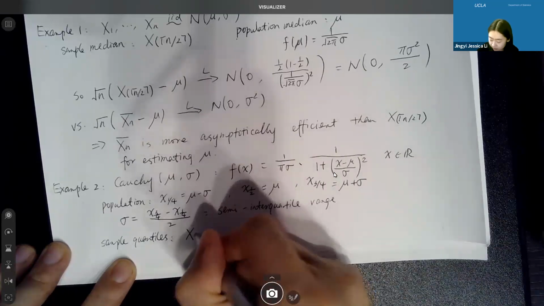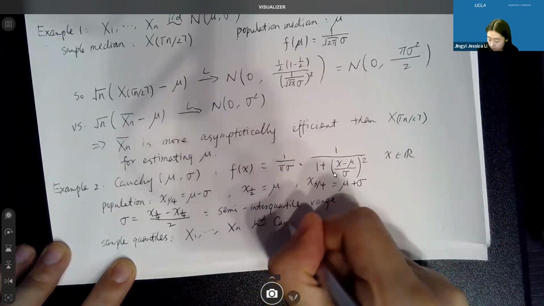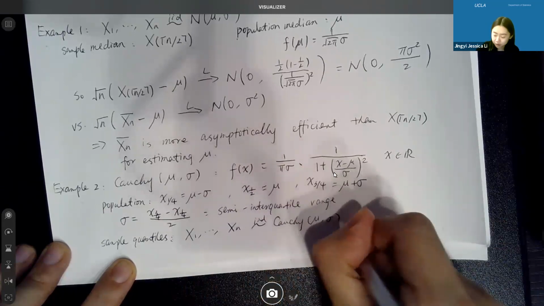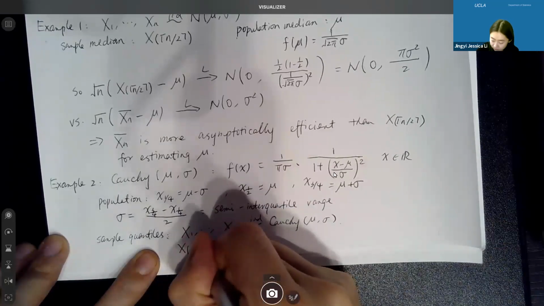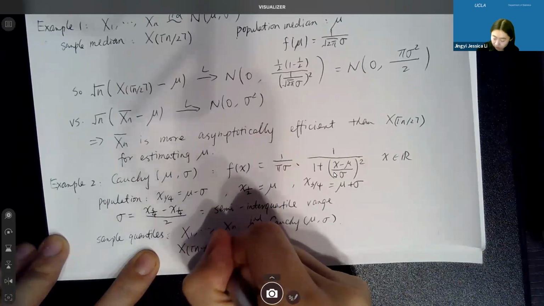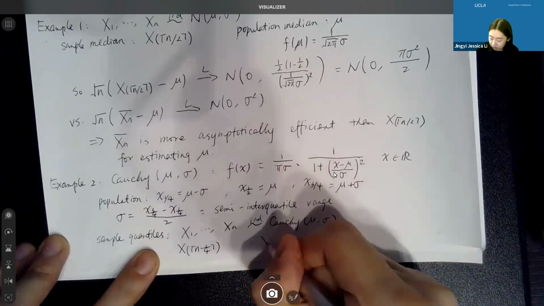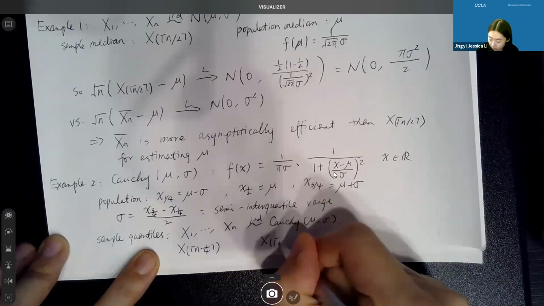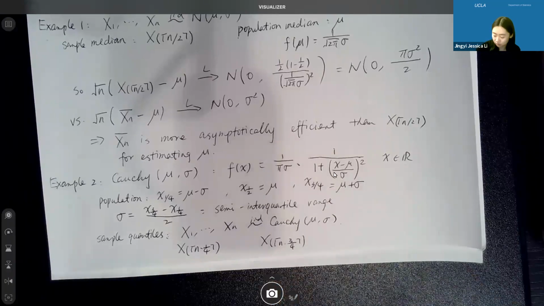If we have this IID from Cauchy mu sigma, then the first sample quartile would be the order statistic at n times 1/4 ceiling. And we also need the third sample quartile, n times 3/4 ceiling. We need those two. And then what if we take the difference, this minus this divided by 2? That could be an estimator of sigma.